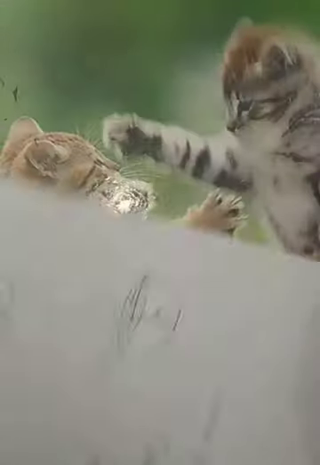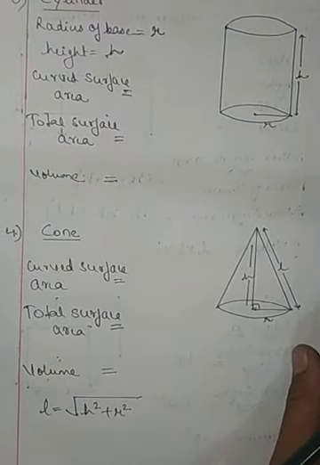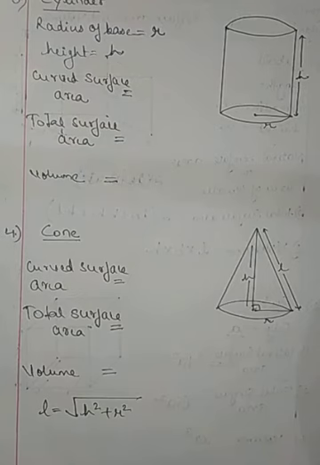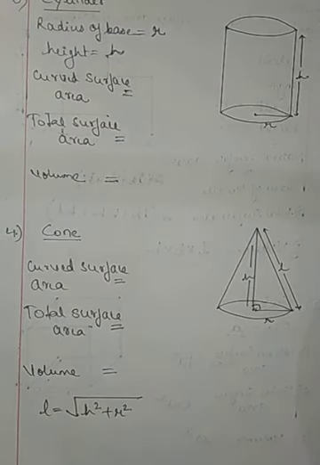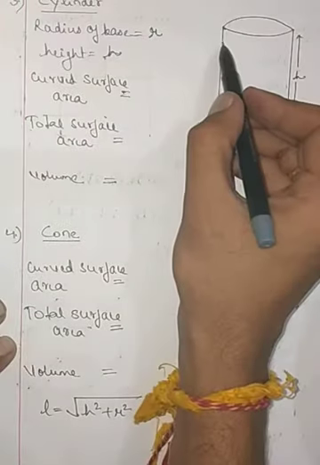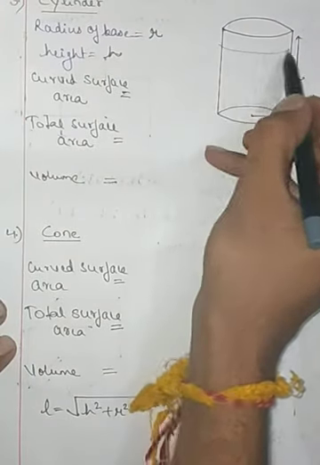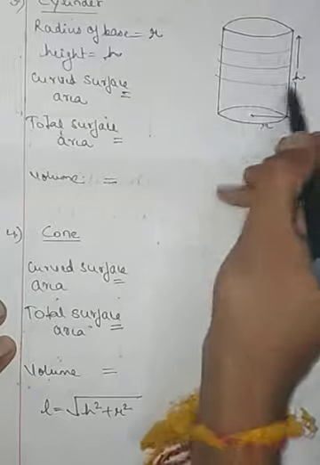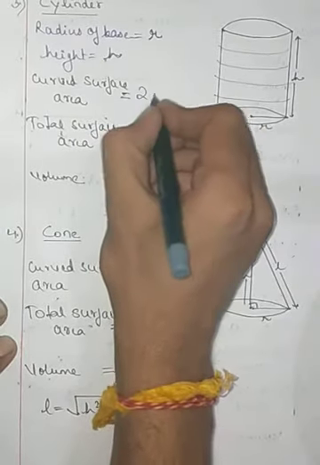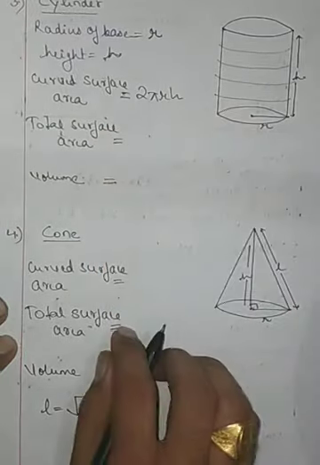The next figure that we are going to study is cylinder. If a right circular cylinder of radius r and height h, curved surface area, means area of this portion, is given by 2 pi r h.